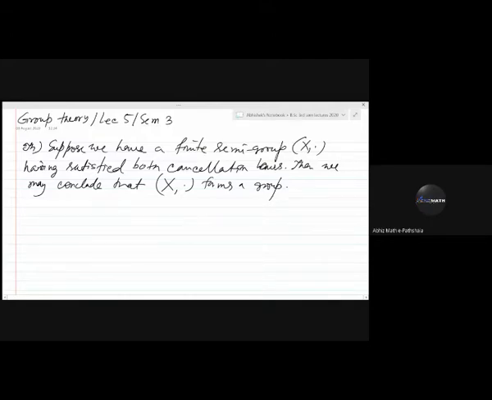So what was our trick? How does one prove this theorem? The key point of this statement is the finiteness of the set.